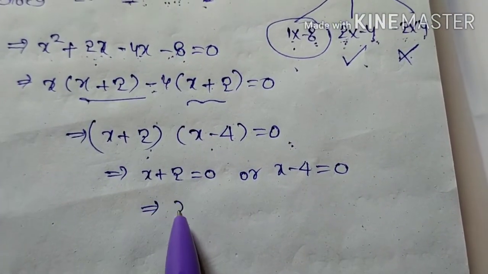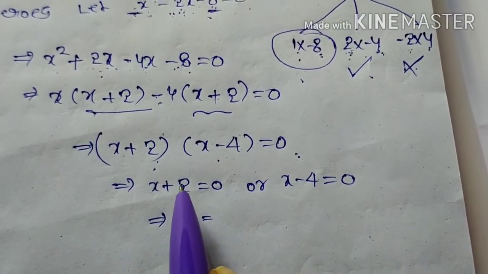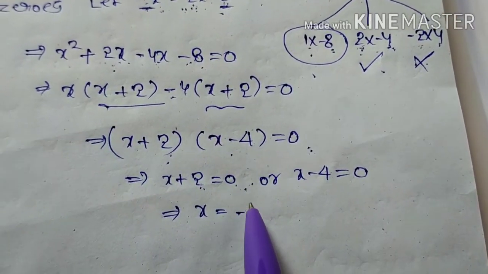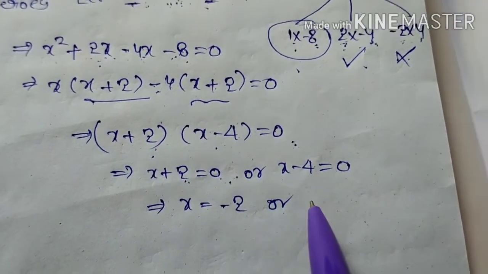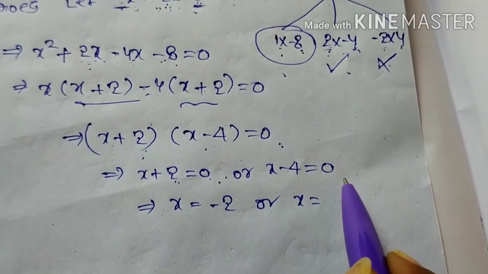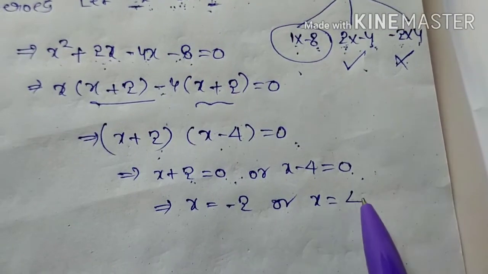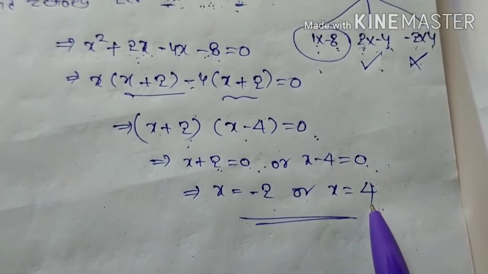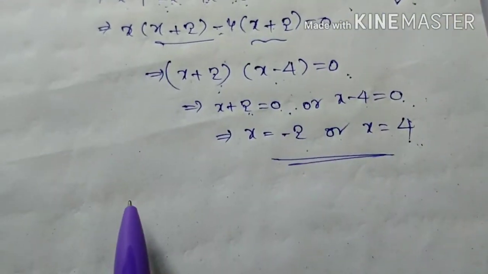You can solve this simple equation. x is equal to, if I am transposing 2 to RHS, you will get 0 minus 2. That means I can write directly minus 2. Yes. Or x is equal to, if I am transposing 4 to RHS, it will become 0 plus 4, that means 4. Yes. So minus 2 and 4 are the zeros of the given polynomial.